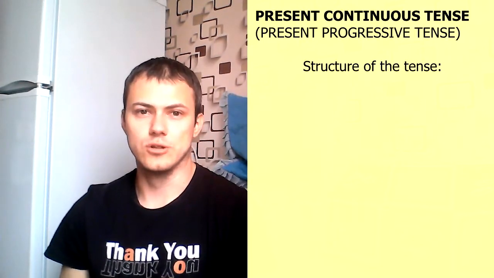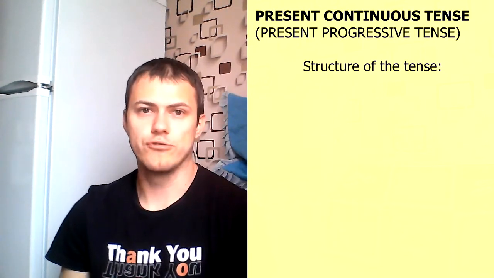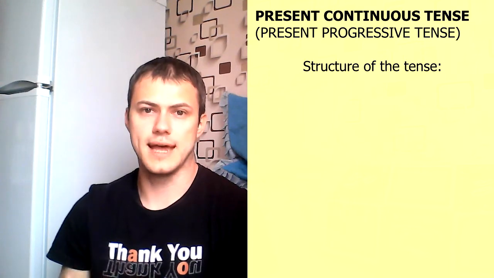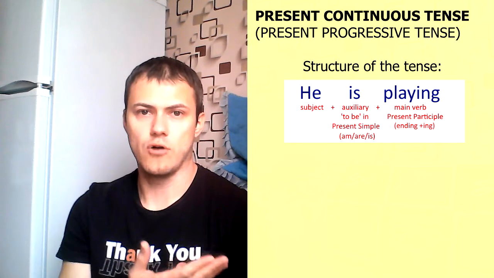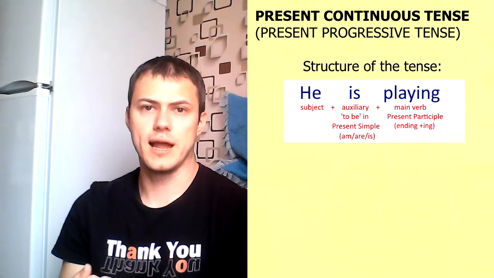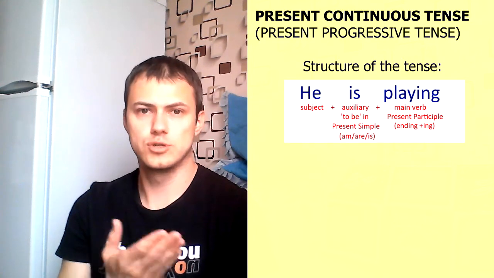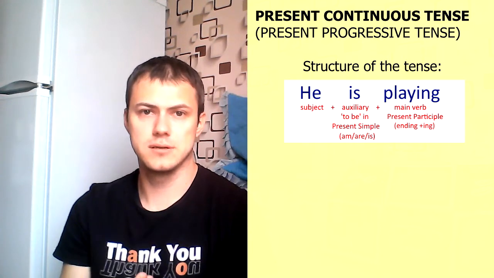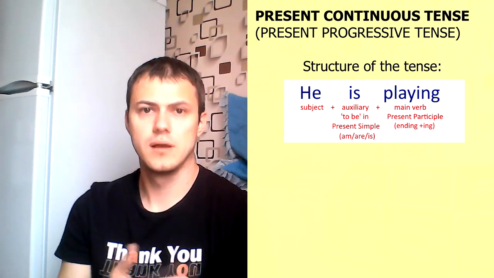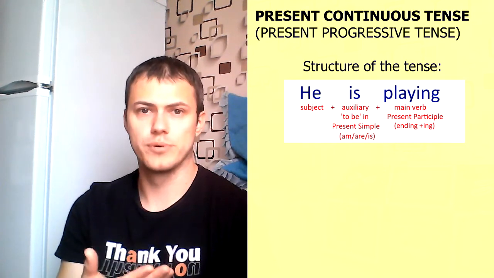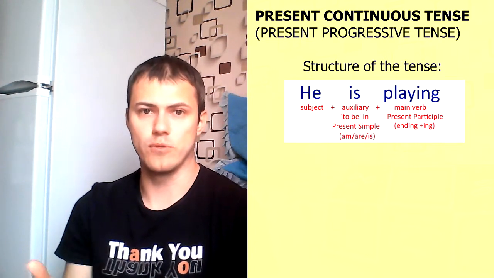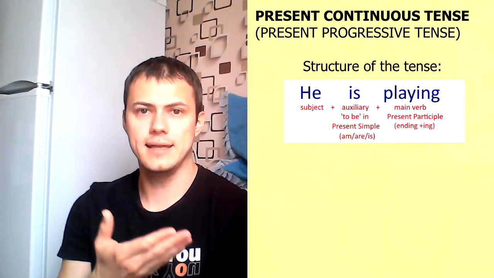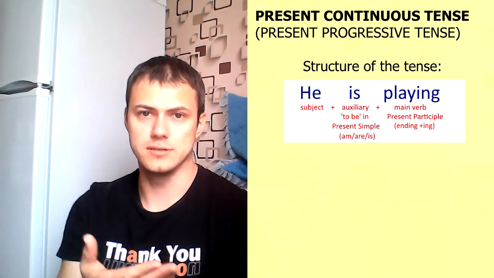Let's take a look at the structure of the English present continuous tense. So, we have a subject of a sentence, we have a verb to be depending on the subject, plus the main verb in its base form, plus an -ing ending.